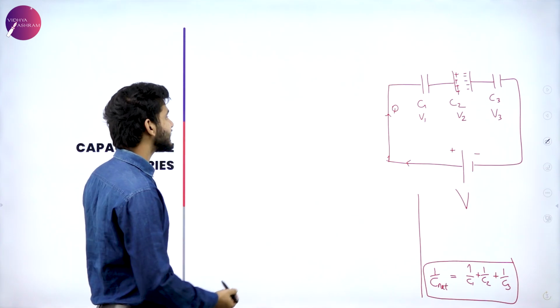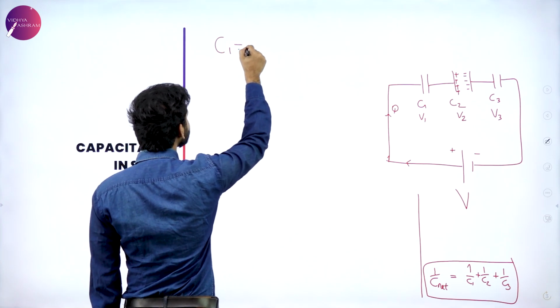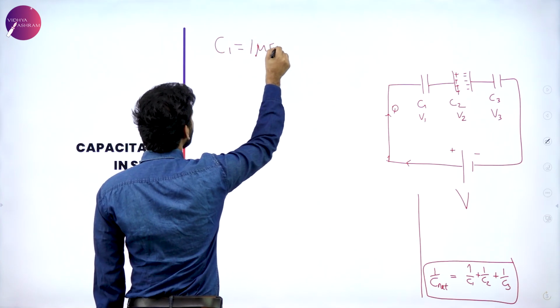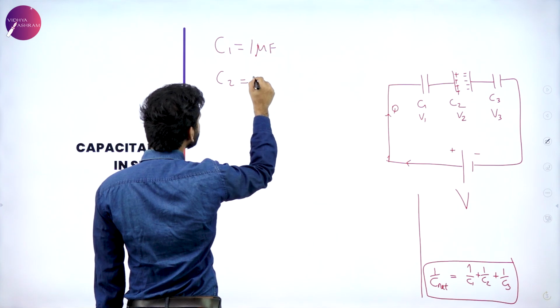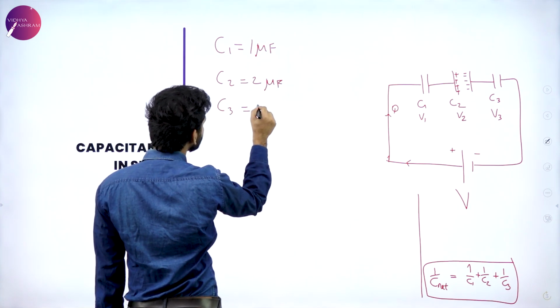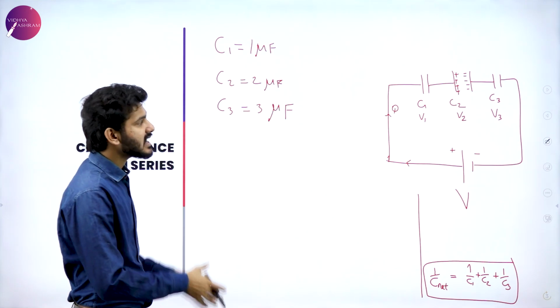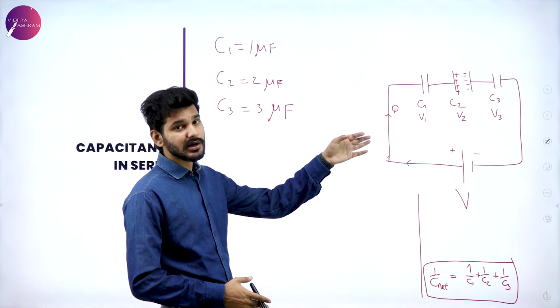For example, let's say that this particular circuit had capacitances C1 is equal to 1 microfarad, C2 is equal to 2 microfarad and C3 is equal to 3 microfarad. Then what will be the net capacitance of that particular circuit?